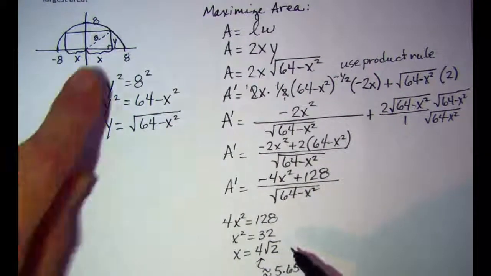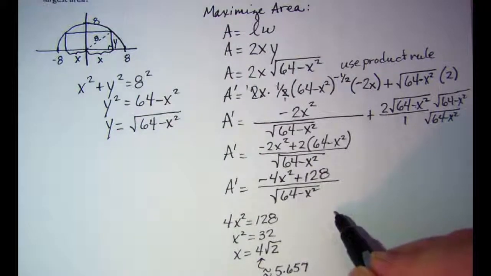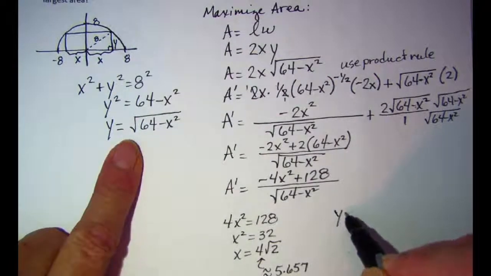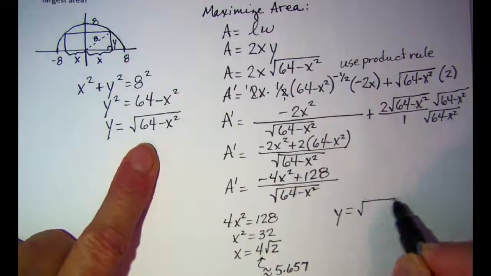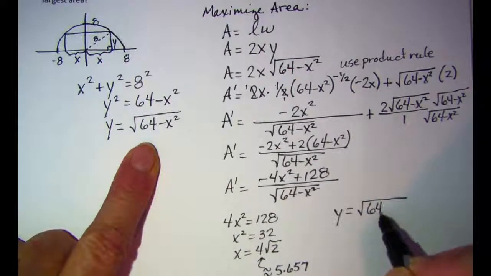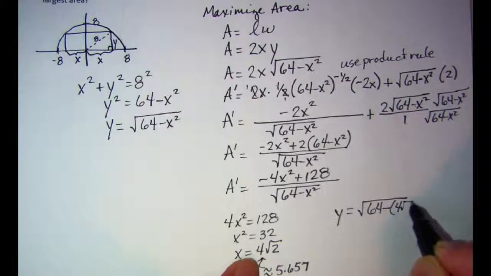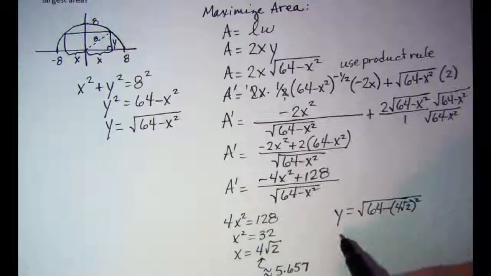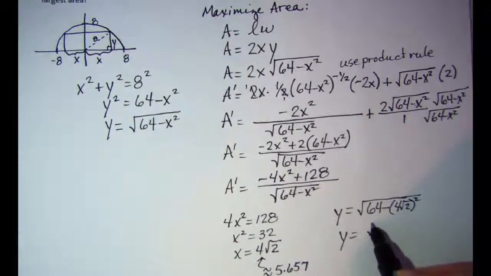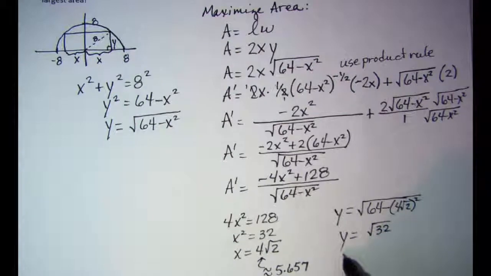So I can get my y value. y is equal to the square root of 64 minus 4 root 2 squared. So my y will be square root of 32, which is 4 root 2.